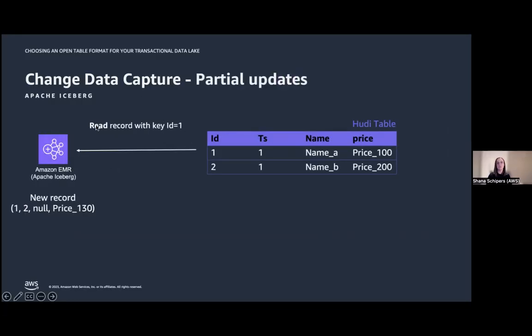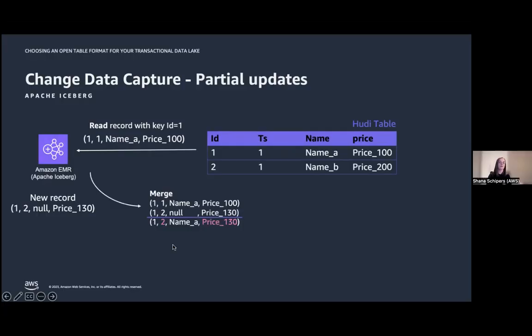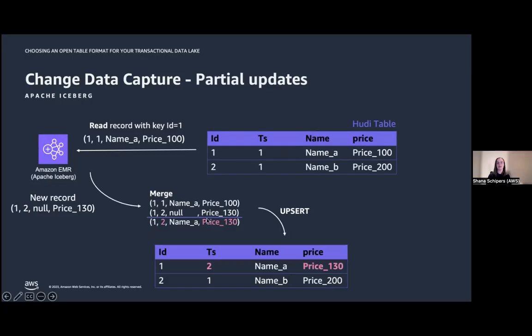You would first have to read the current version of this record to get the field value for this. And then you would have to do this merge logic that Hoodie did for you yourself, and upsert the merged record where you overwrite null with the name A, in this case, into the Iceberg dataset. So this is CDC.